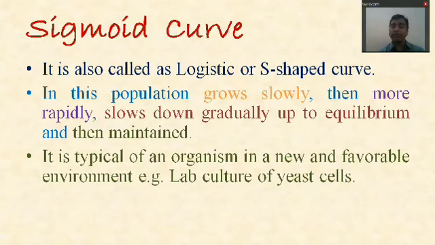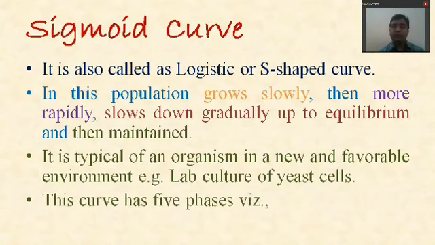If we are releasing a rabbit into a grassland, which has a high quantity of food, a high quantity of grasses, and a smaller number of predators, then that rabbit grows to its maximum because that habitat is new and has favorable conditions. An example of this is lab culture of yeast cells. The students of microbiology are well aware of this culture mechanism.